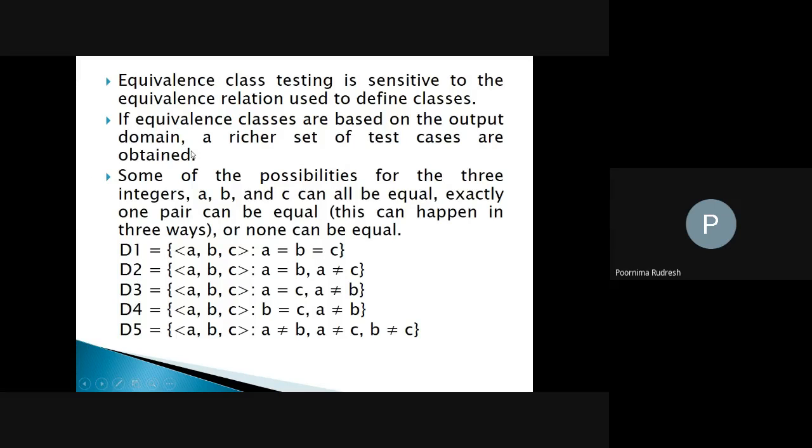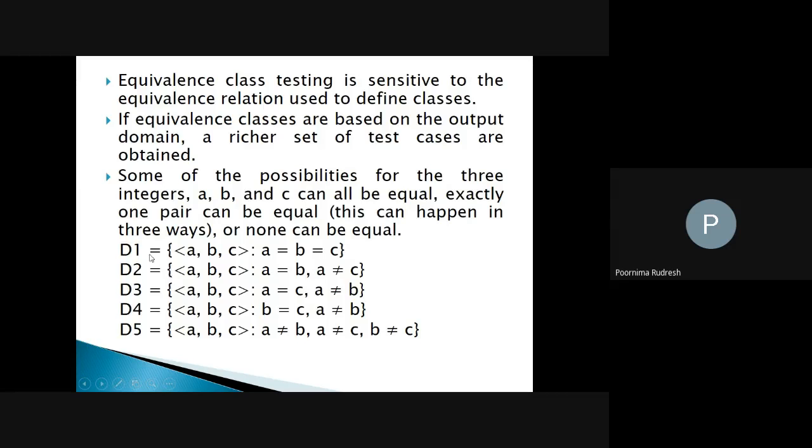So equivalence class testing is sensitive to the equivalence relation used to define the classes. If equivalence classes are based on the output domain, then we will have more test cases, or a richer set of test cases is obtained. And here some of the possibilities for the 3 integers ABC are given. ABC may be equal or not equal.